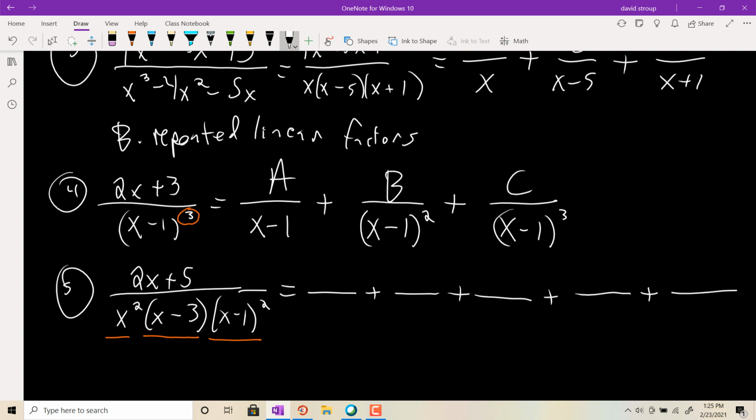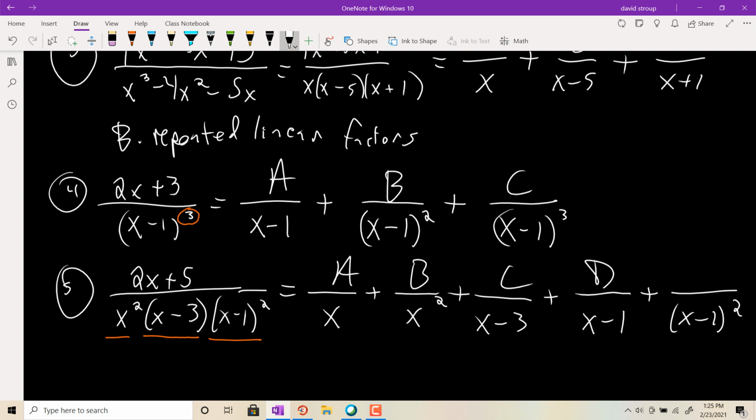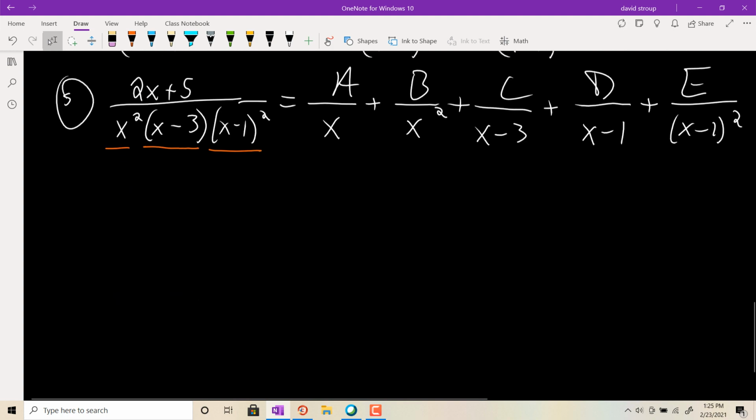And you hope you don't see them like this because it becomes a lot of work, right? So first I go x and then x squared, and then I need 1 fraction for the x minus 3, and then I need x minus 1, and then x minus 1 squared. Okay. Up top I just go a, b, c, d, e. Okay, so kind of a nightmare.